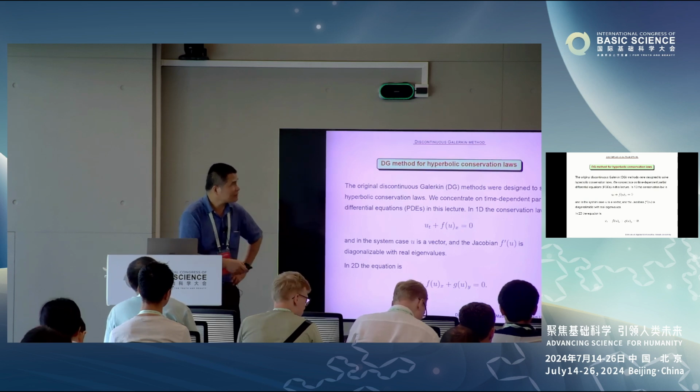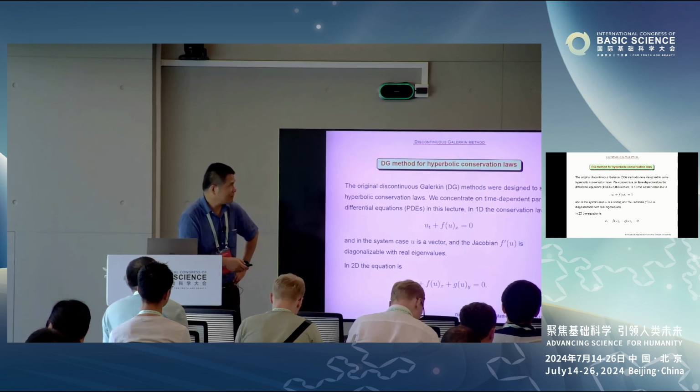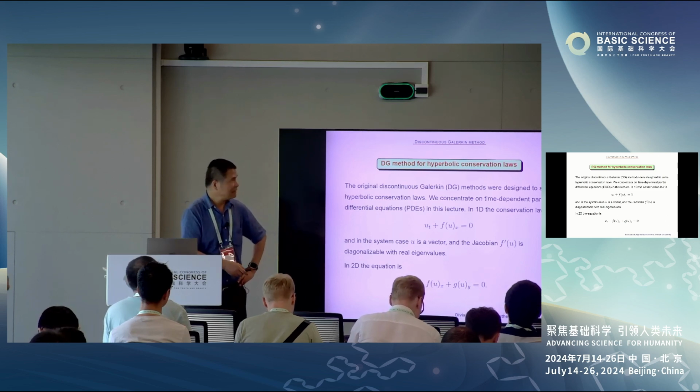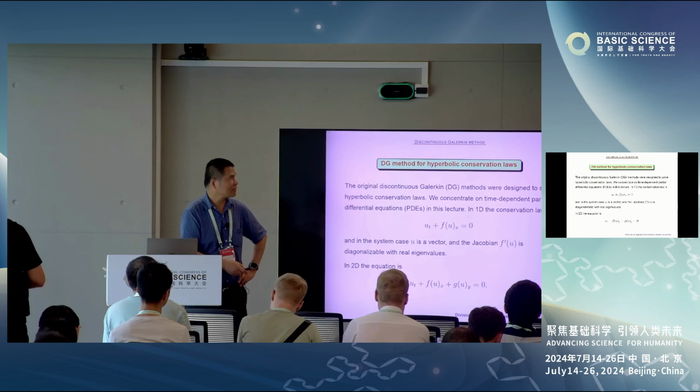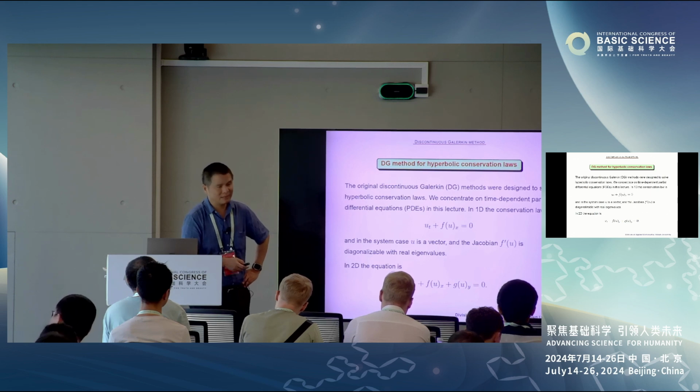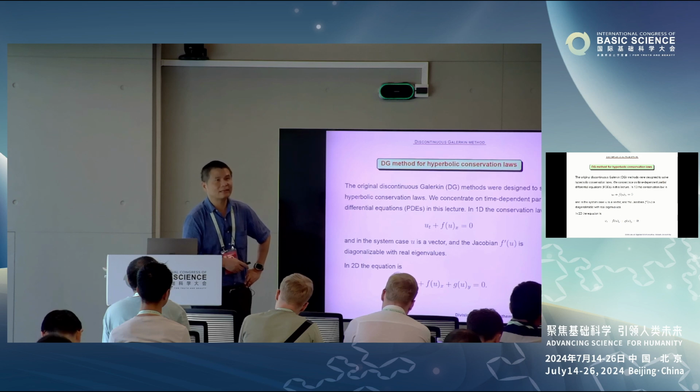The original discontinuous Galerkin method was designed very early, in the 1970s. They were used to solve hyperbolic problems, in particular time-independent steady-state linear hyperbolic equations, so-called neutron transport equations.